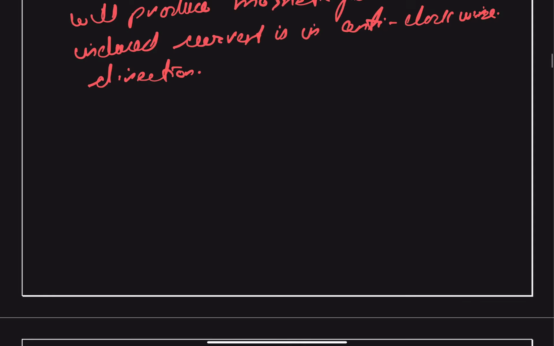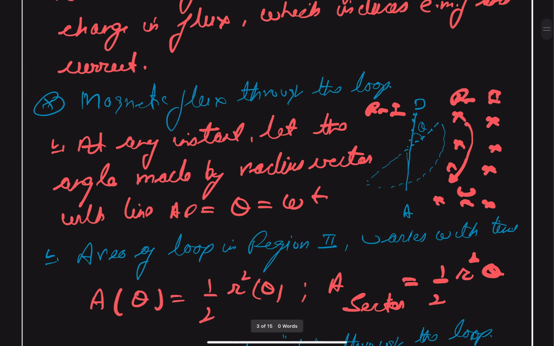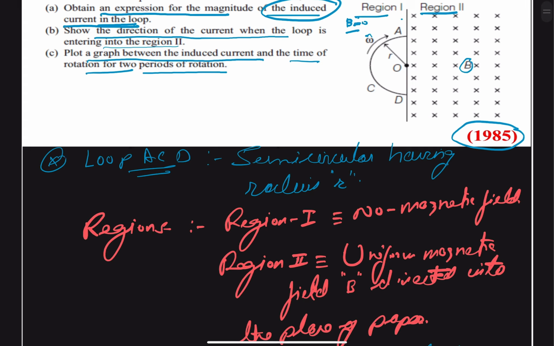This was part B. And in part C, we are supposed to plot the graph of induced current versus time for 2 periods of rotation.